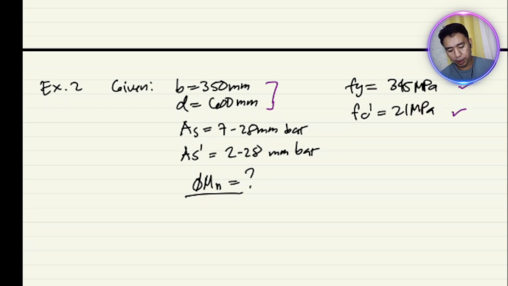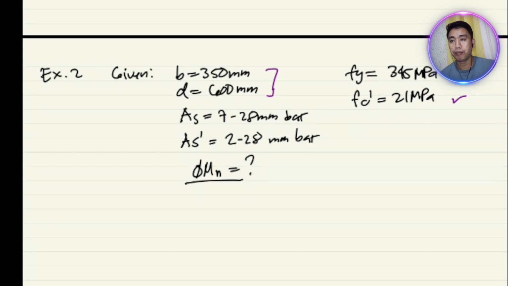And then we have the area of steel from the tension side, we have 7 28 mm diameter bars. And then for the compression steel, we have 2 28 mm bars.